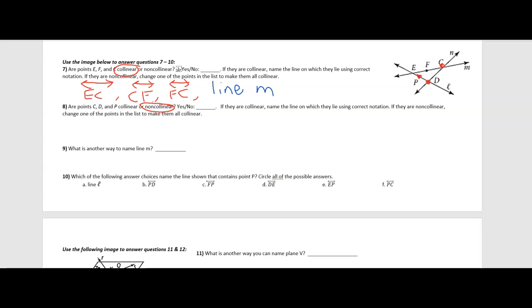So really the only option we have here is to change C to E. So if we get rid of C and we change C to E, we now have three collinear points. So change C to E.